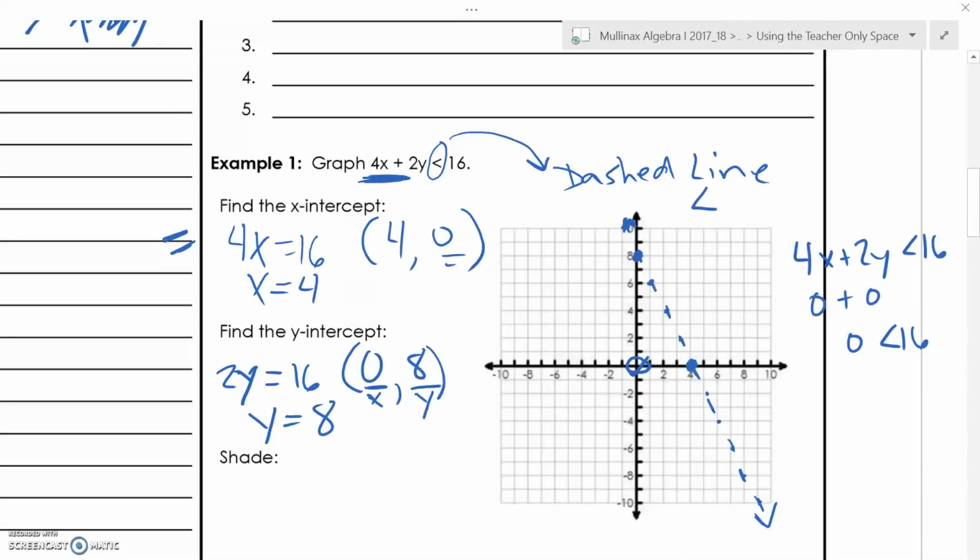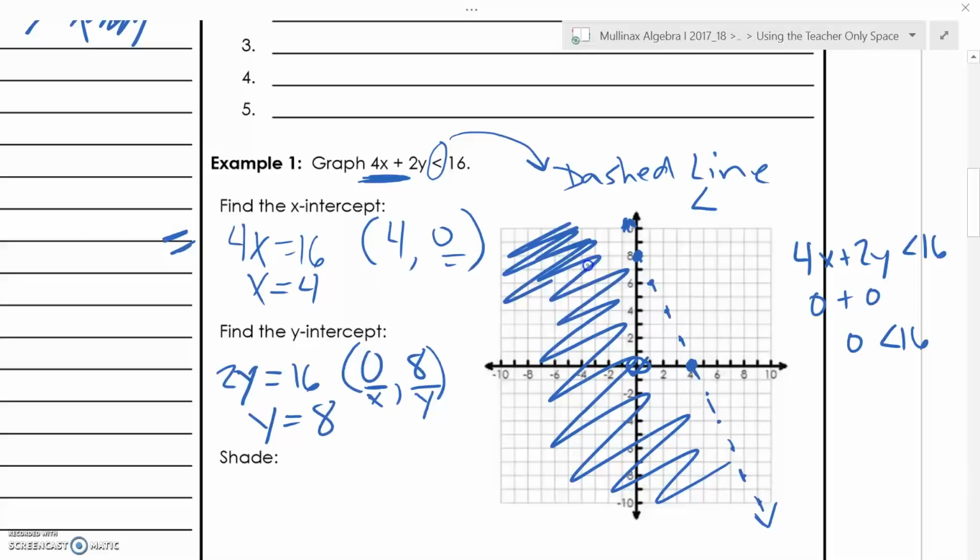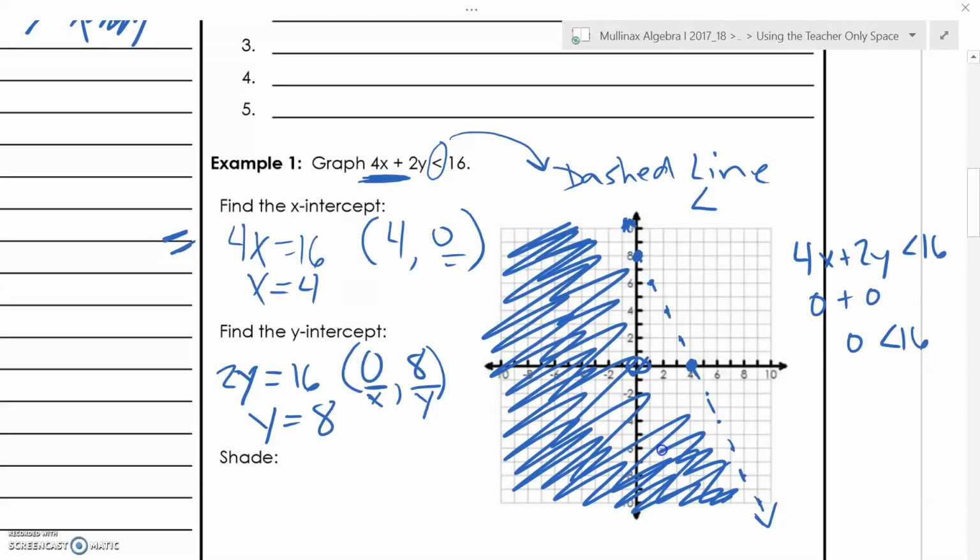Since (0, 0) is a solution, then all of the points that are on the same side as (0, 0) are solutions, and we would shade that side of the boundary line. Any point in the shaded region is a solution. Since the line is dashed, the points on the line are not solutions.